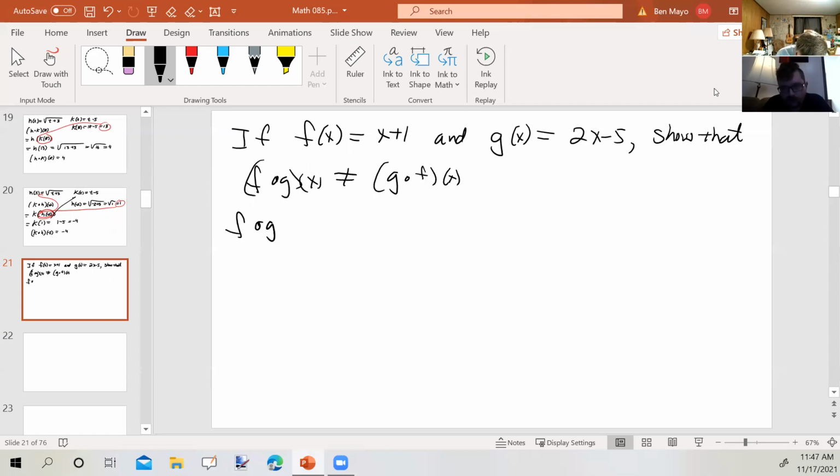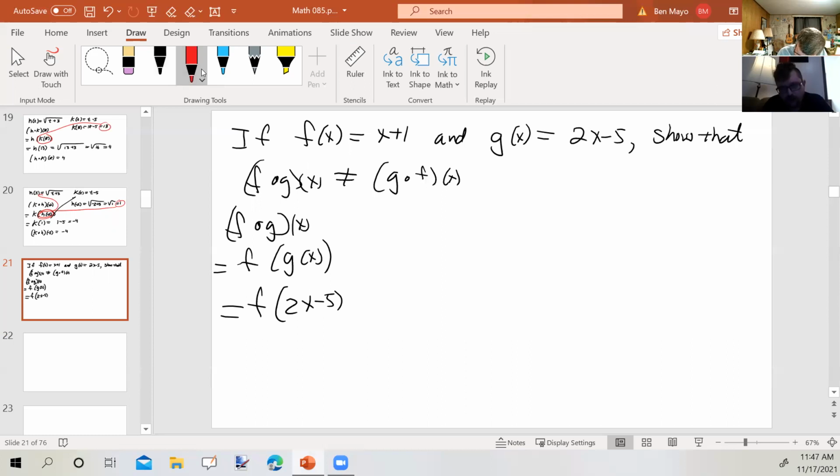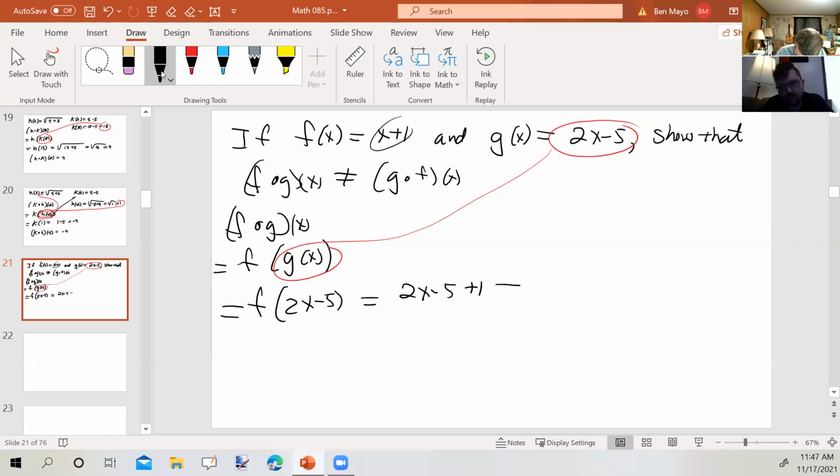So f composed with g of x equals f of g of x, which equals f of 2x minus 5, because this goes in the place of g of x. Okay. f of 2x minus 5 would be 2x minus 5 plus 1, which is 2x minus 4.